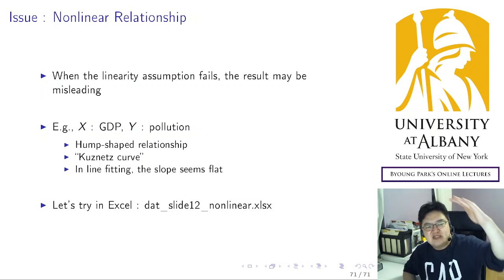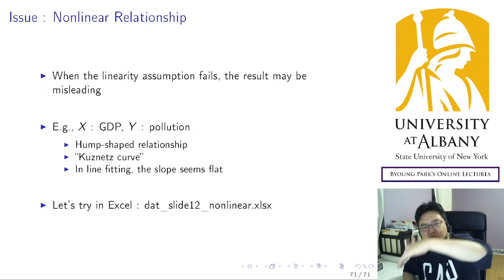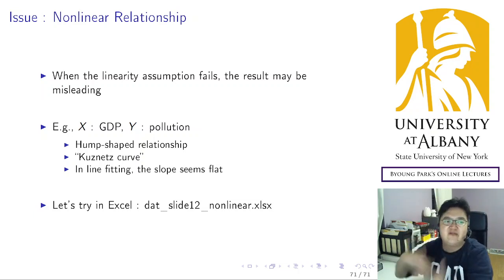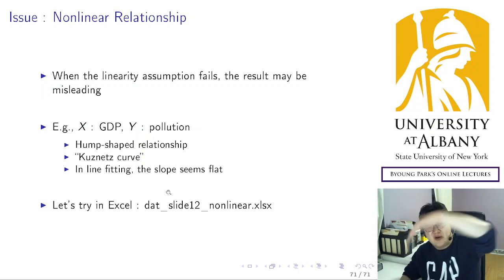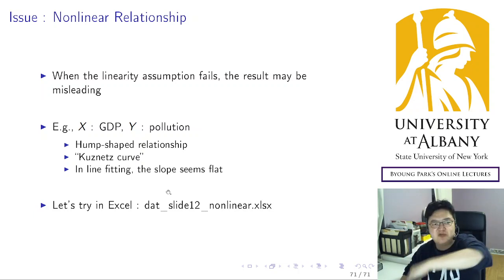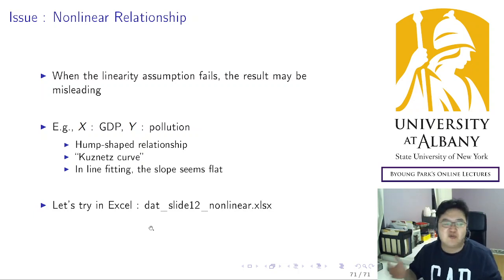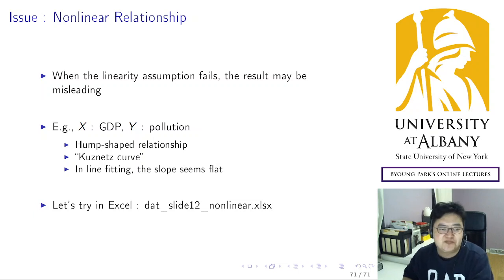So even as GDP develops more, the pollution goes down. That's called the Kuznets curve. If you think about this hump-shaped relationship, linear regression does not work in this case. Any covariance or correlation coefficient does not work in a nonlinear relationship.